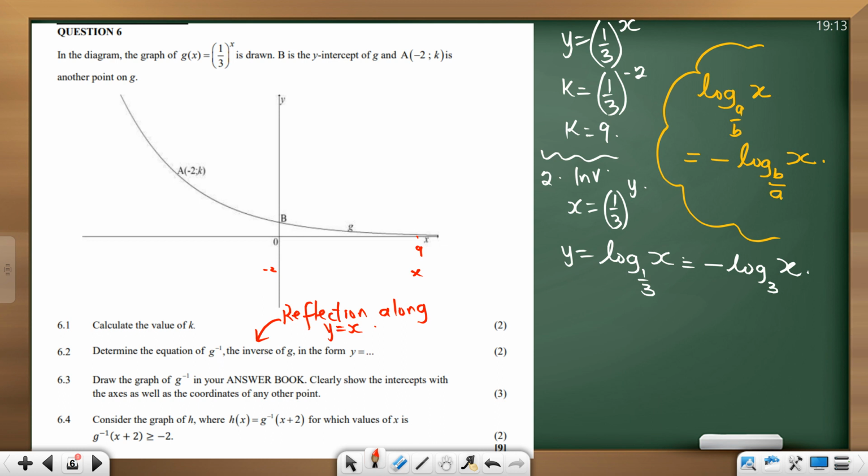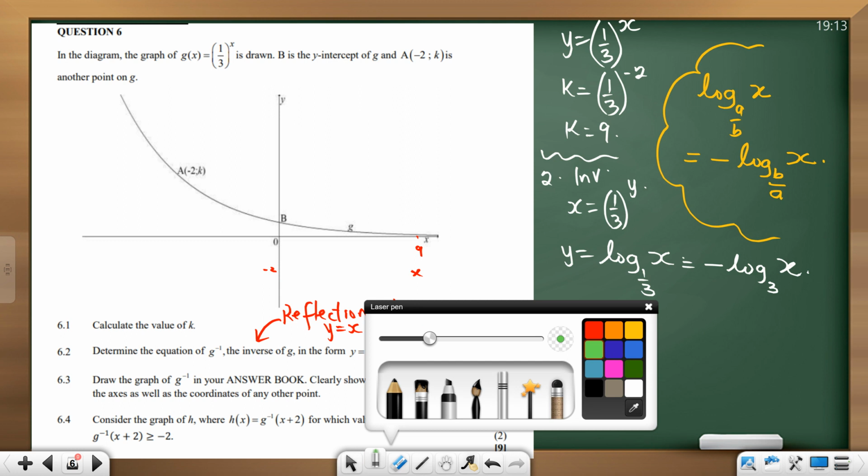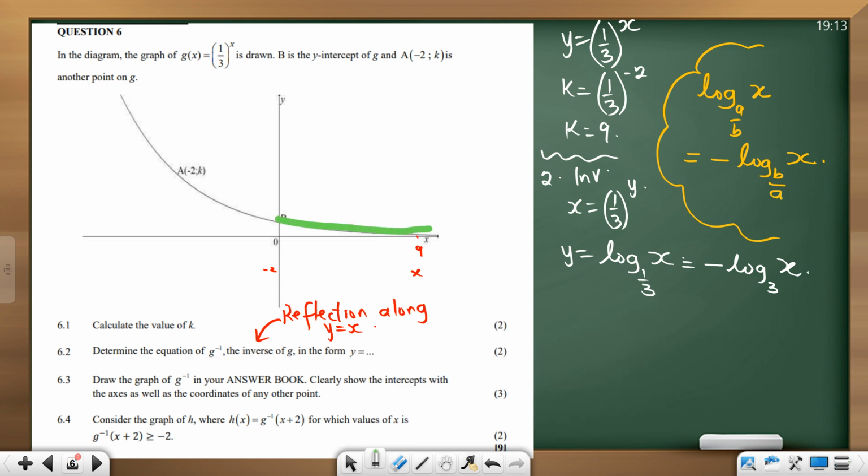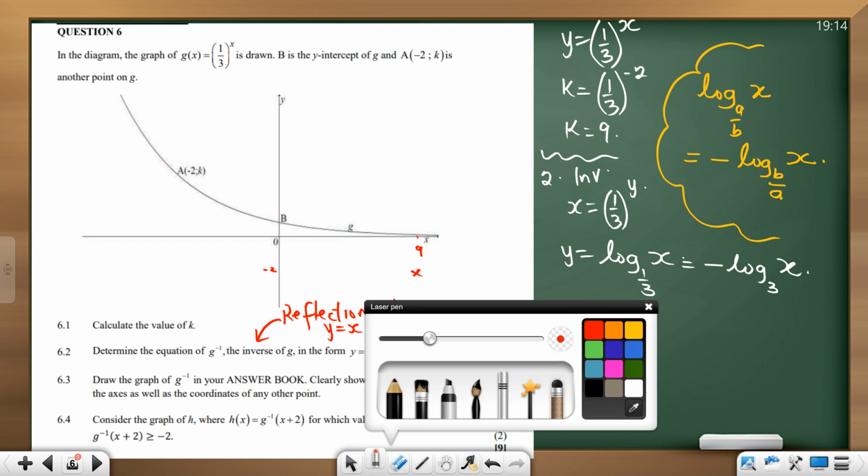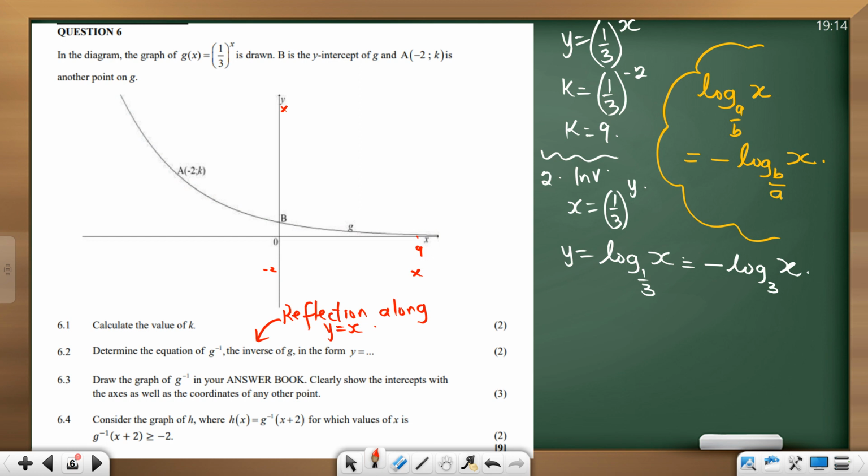Here's one thing I wanted to show. This graph is very close to the positive y. This point, what is this point?